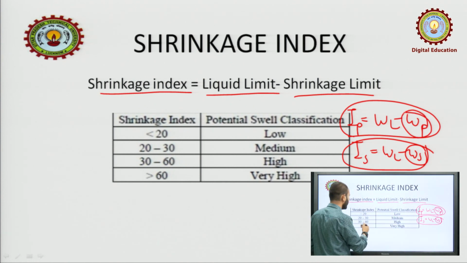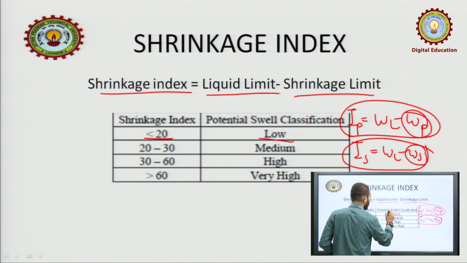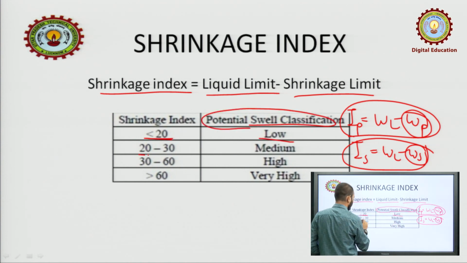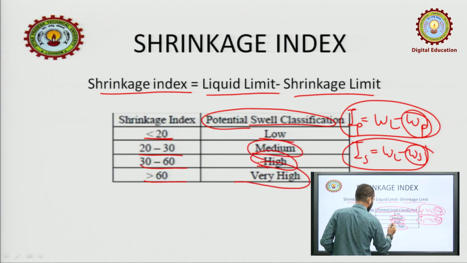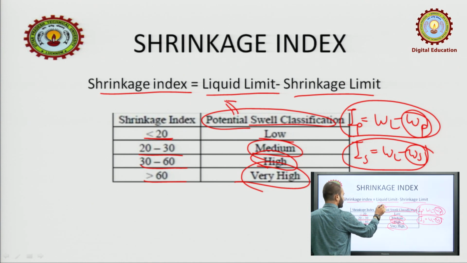Now, we have different ranges for this as well. Less than 20, it is a swelling property. This also shows the different swelling properties, and this is a very important parameter. Why?